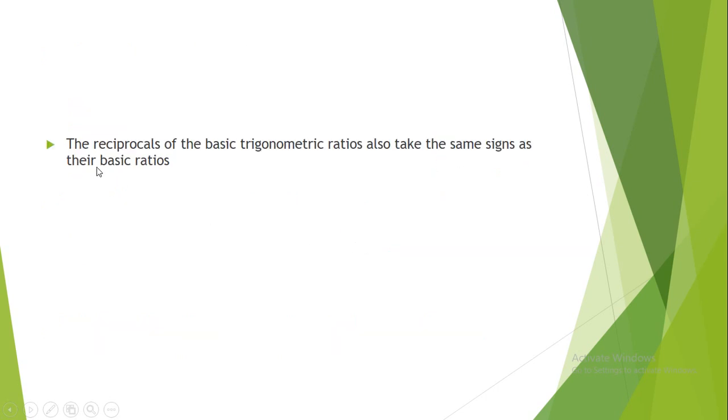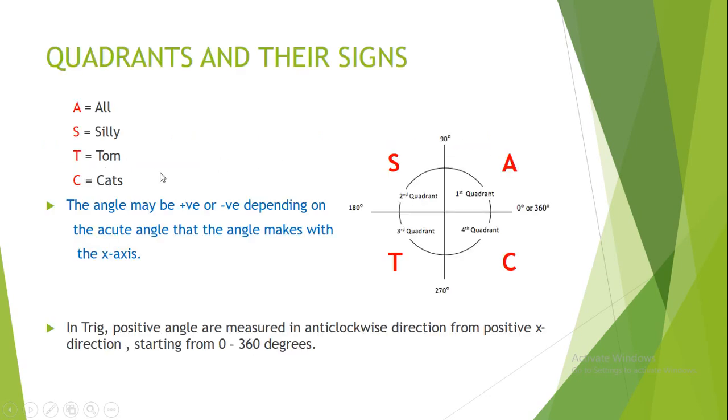We move on. The reciprocals of the basic trigonometric ratios also take the same signs as their basic ratios. So we know that here all of them are positive. And here it is only sine that is positive. You know that cosec is the child of sine, is that not it?